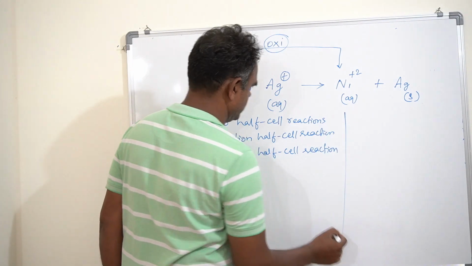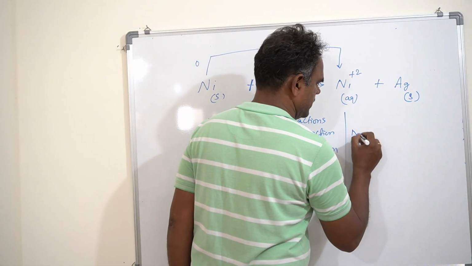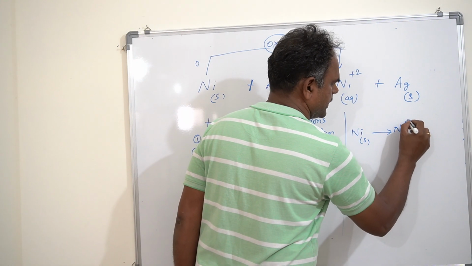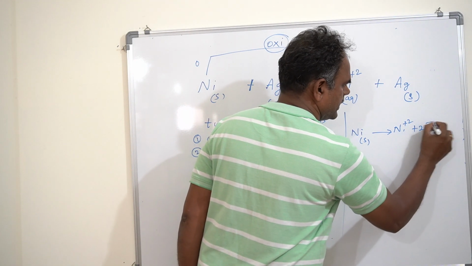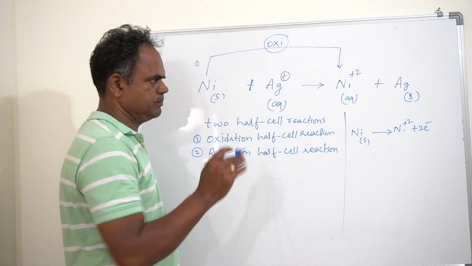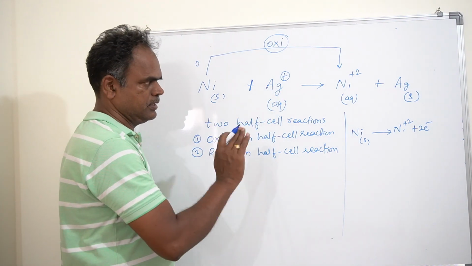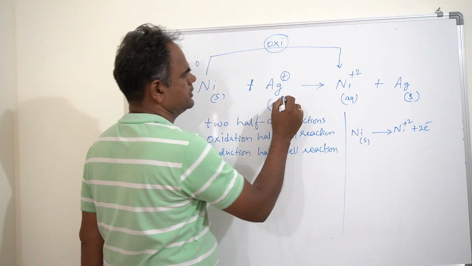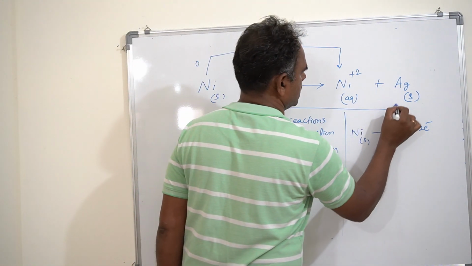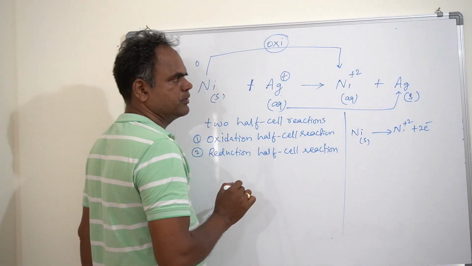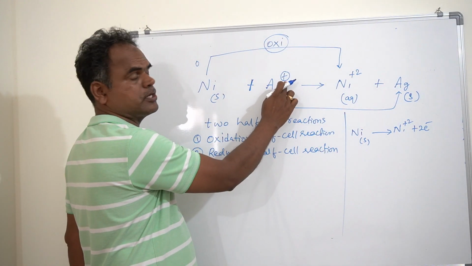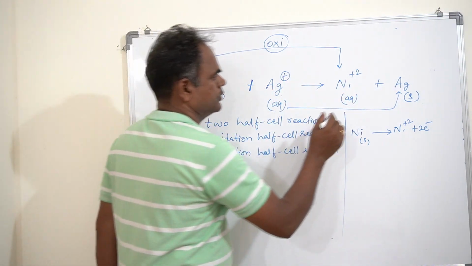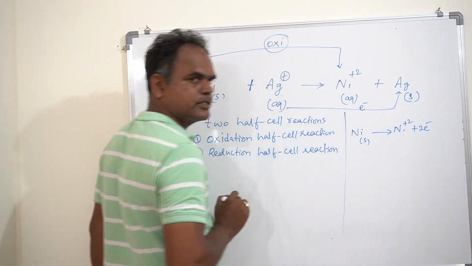You write the oxidation reaction: nickel solid changes into Ni2+, losing 2 electrons, which is oxidation. At the same time, silver ions change into silver metal. Here the charge is plus 1, changing into a metallic atom, so 1 electron.